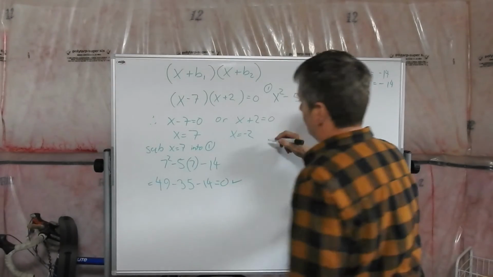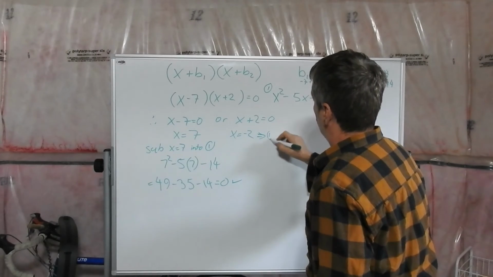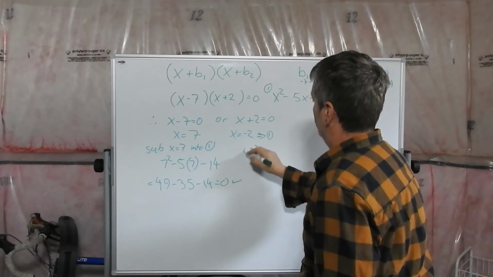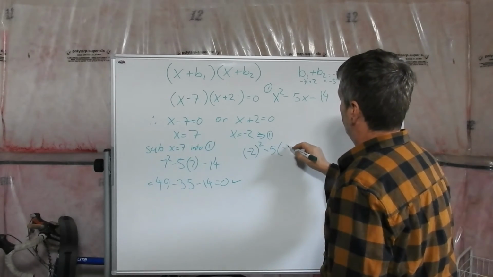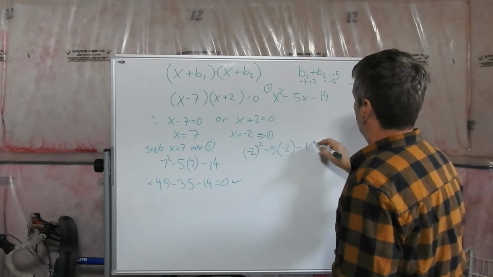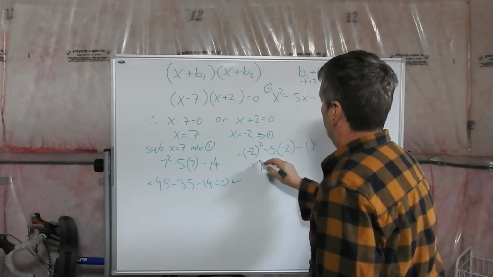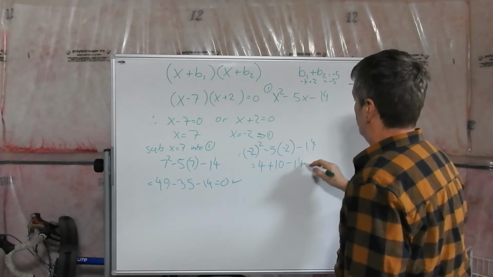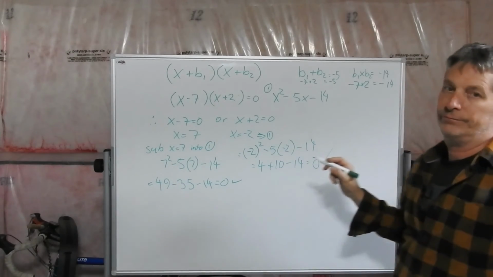And for x equals negative 2, we'll put that into equation 1, and we get negative 2 squared minus 5 times negative 2 minus 14, and that is going to equal 4 plus 10 minus 14 equals 0. And there you go.